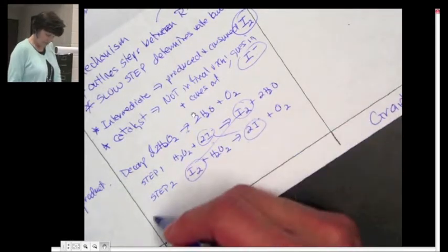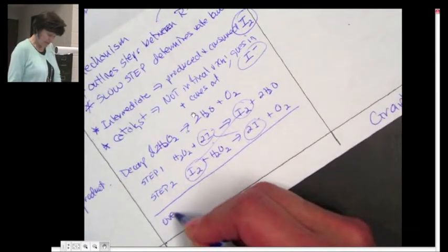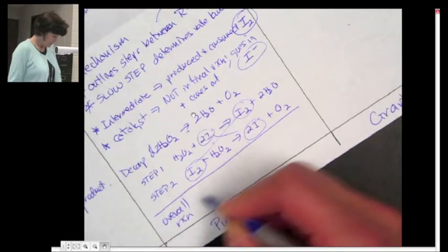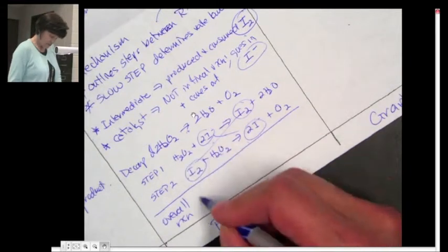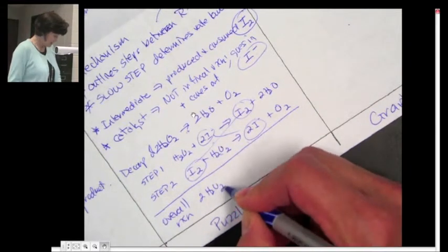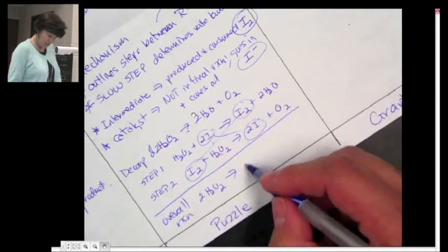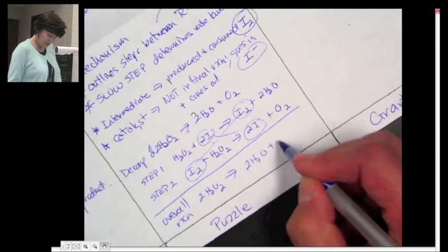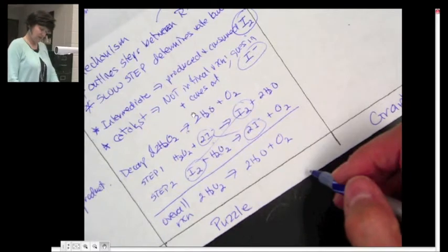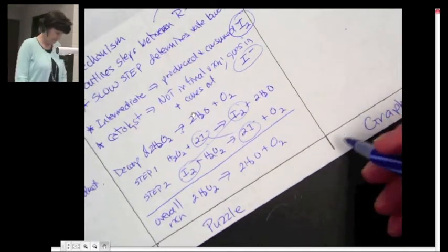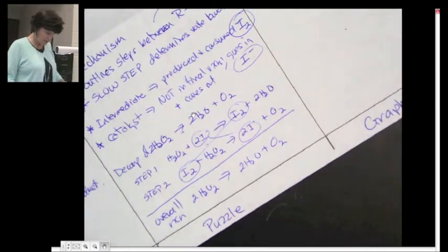So if we get the overall reaction, what we have here is 2 moles of the peroxide molecule, which yields you 2 moles of water and 1 mole of oxygen. And that's a mechanism. So kind of a nice puzzle to solve.